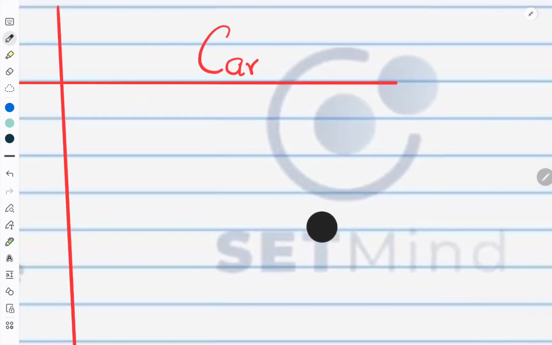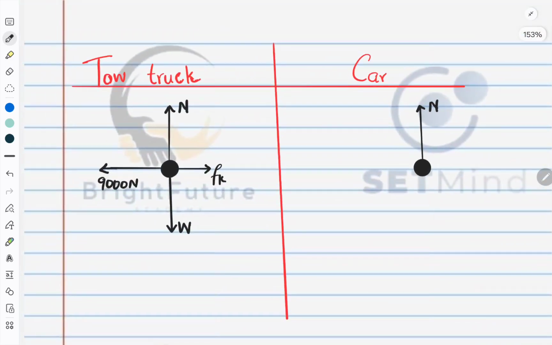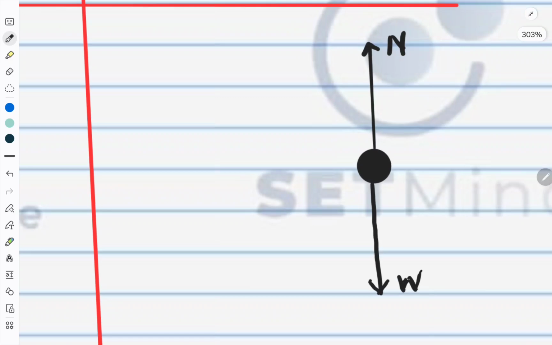And then now we come to the car. The car will also have normal force. Normal force is perpendicular to the surface, and then it has the weight. And then it has tension going that way from the tow bar.